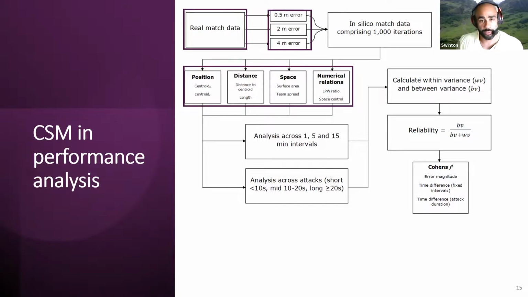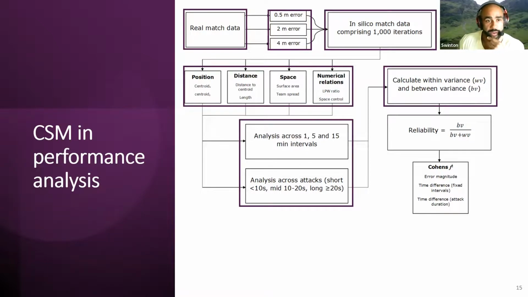We then added positional errors on top of that, mimicking excellent technology of 0.5 meters up to poor technology of 4 meters. We added those errors on top of 1,000 new matches. So for each game that we actually had, we simulated 1,000 new matches with error.